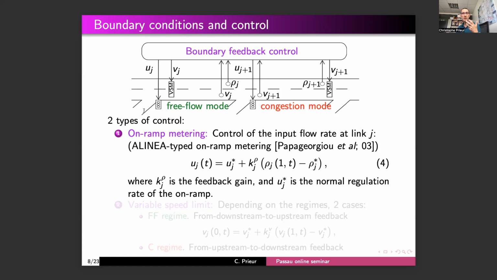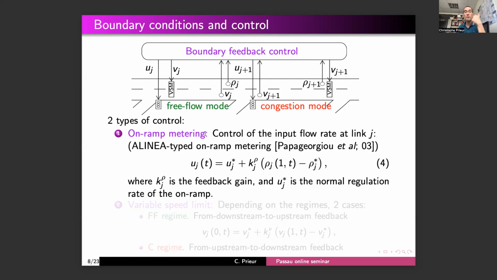So you just control the density of vehicles that are coming inside of this segment just by selecting some lights. Okay, so between green and red, you have a period, and you can control the period between green and red of the lights for vehicles that go inside of the freeway. And by doing that, you just regulate the density of vehicles that are coming in this segment. Okay. So this is the first type of control, the onramp metering.